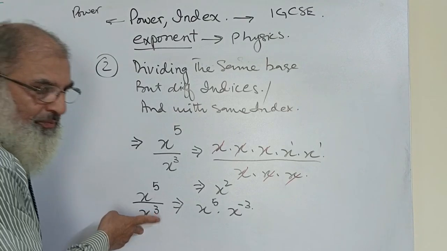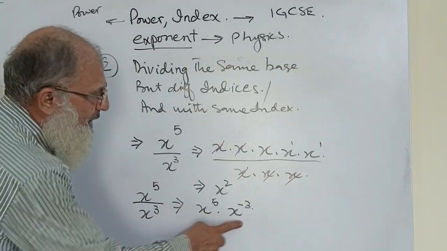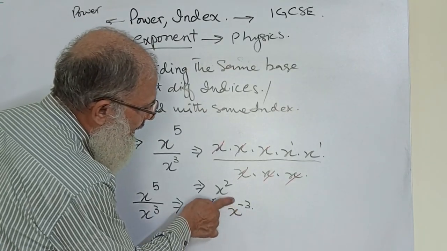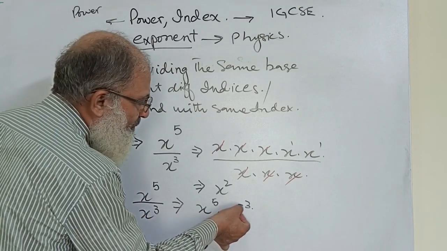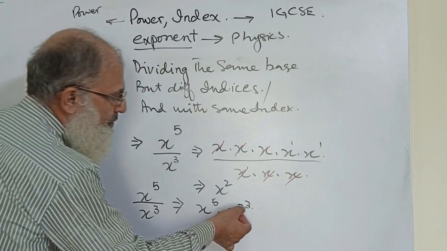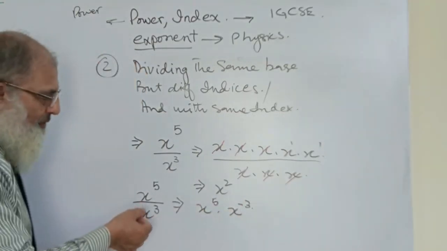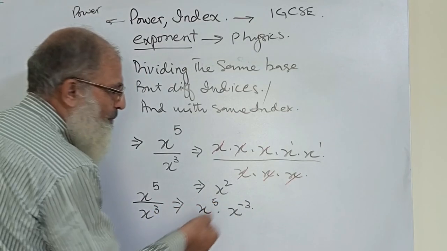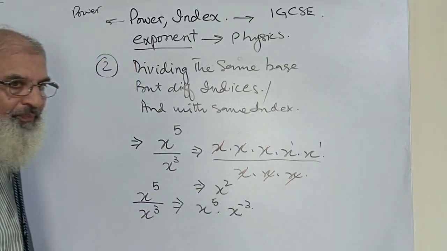When you shift this x into the numerator, the only thing that happens is that the sign of the power is changed. If it was negative, it becomes positive; if it is positive, it becomes negative.